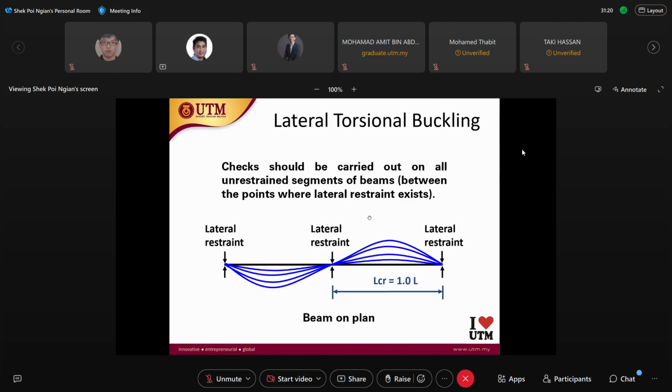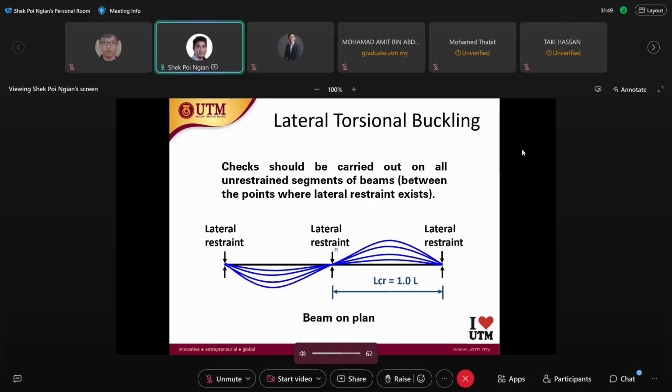If you have a continuous beam with three supports, then your beam will twist in a wave form.